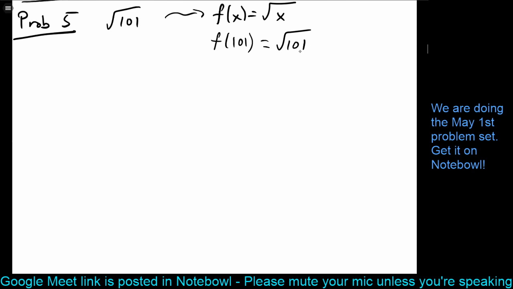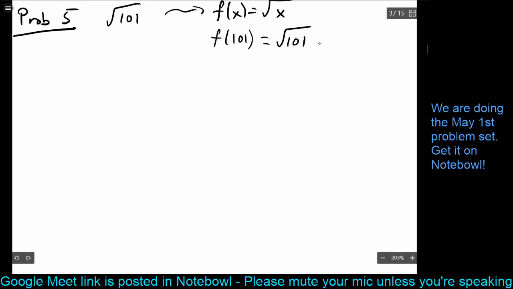If we're trying to estimate the value at 101, we want to center the series as close to 101 as possible, where we can get a nice value of the function and its derivatives. Because remember, we want to estimate this thing we can't compute by building it out of pieces we can compute.